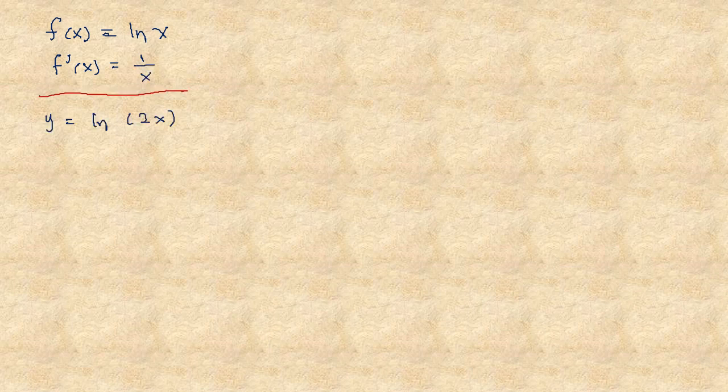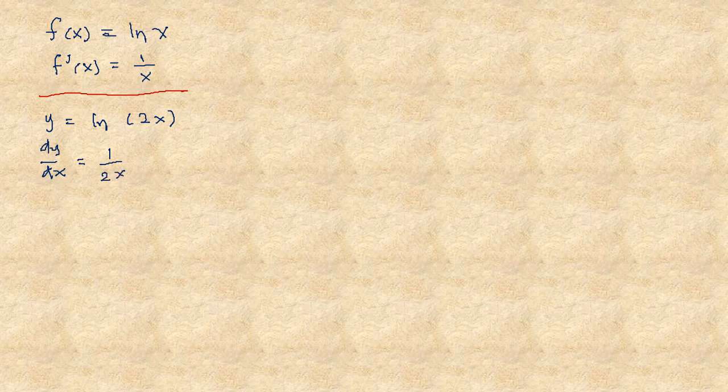But if we have function y equal to ln 2x, to differentiate function y with respect to x, dy over dx will be equal to, so remember the formula, if we differentiate ln x we will get 1 over x. So differentiate ln 2x, we will get 1 over 2x.